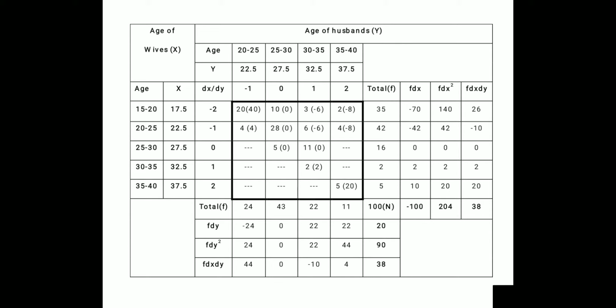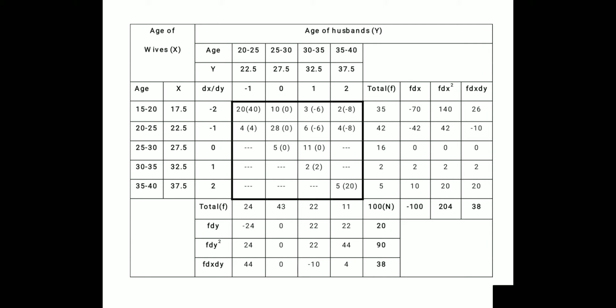Now we can arrive at f dx dy of each row. That is, in each row we should total the values, and we will obtain f dx dy of the x values. And in each column, if we total the values of f dx dy, we will obtain the values for y values. That is 40 plus 0 minus 6 minus 8. So this is the horizontal consideration. We will obtain 26, minus 10, 0, 2. These are the values of y values.